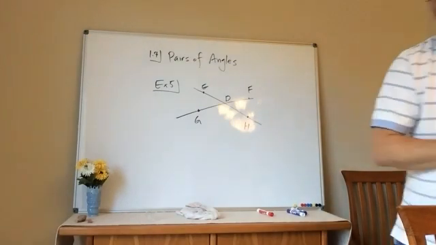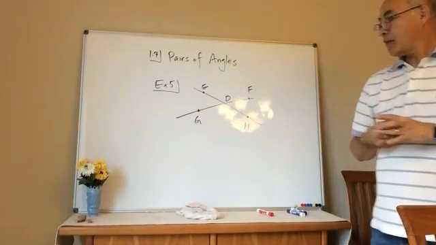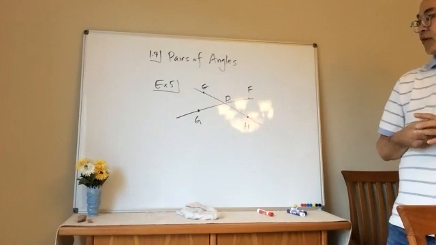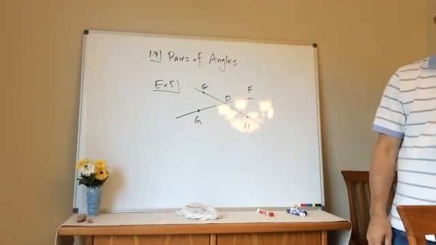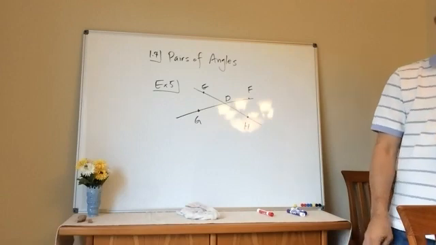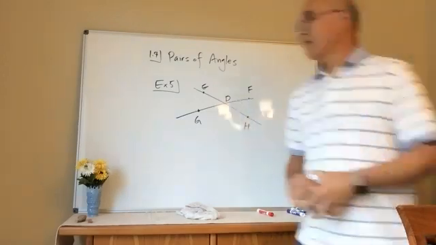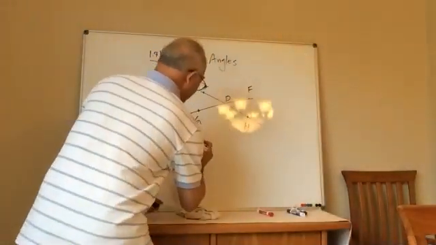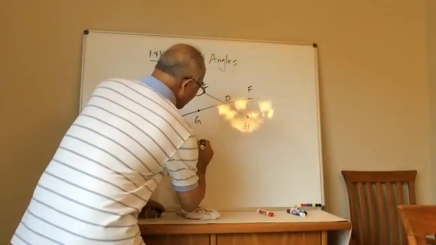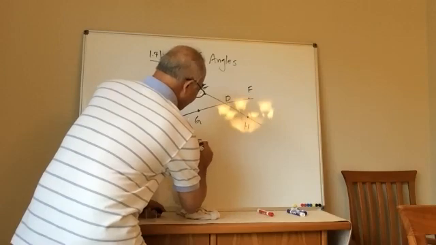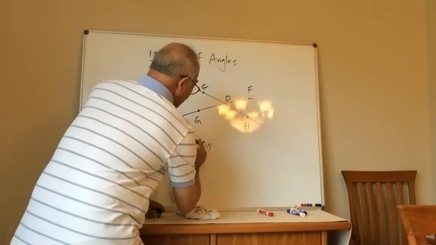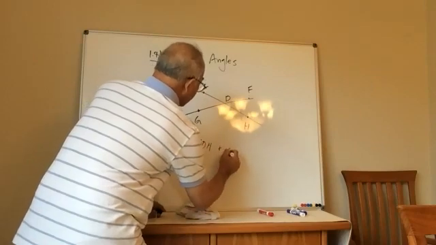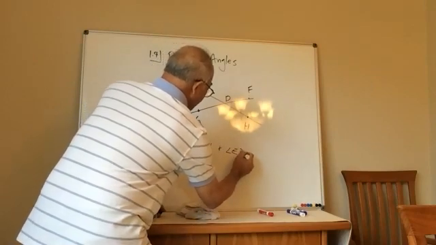Reeve, how many pairs of vertical angles do I have here? 2. Give me one of them. FDH and EDG. What would be the other pair?